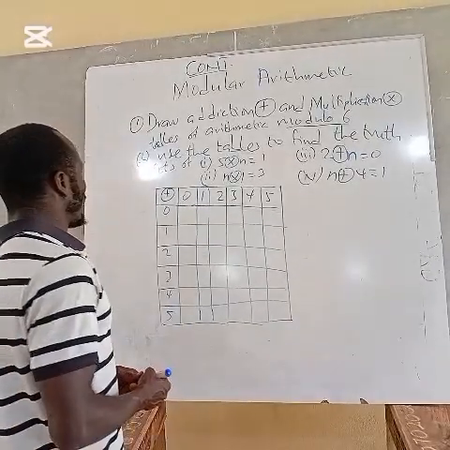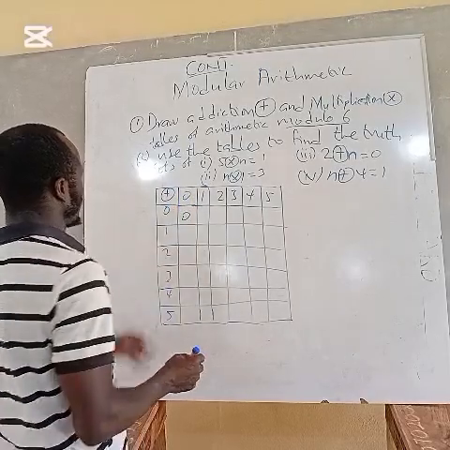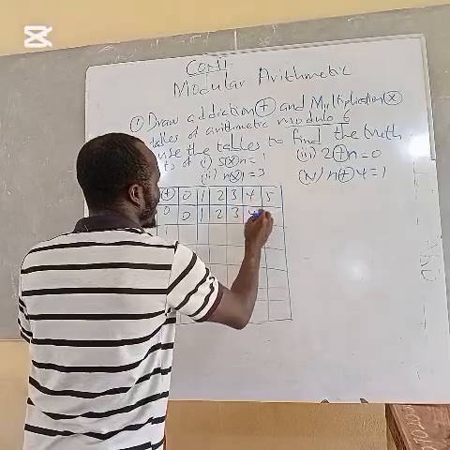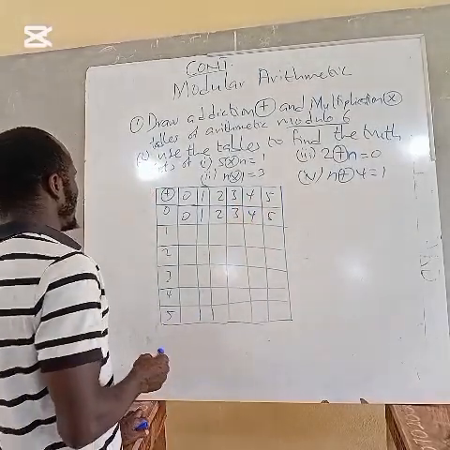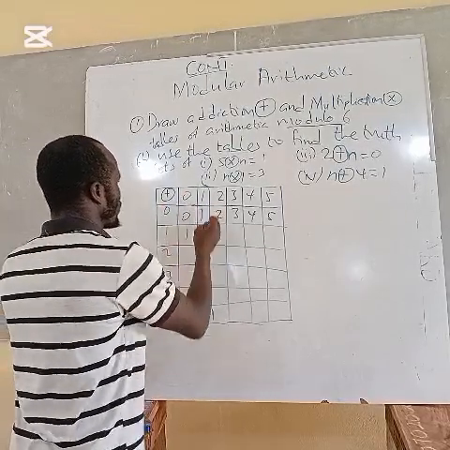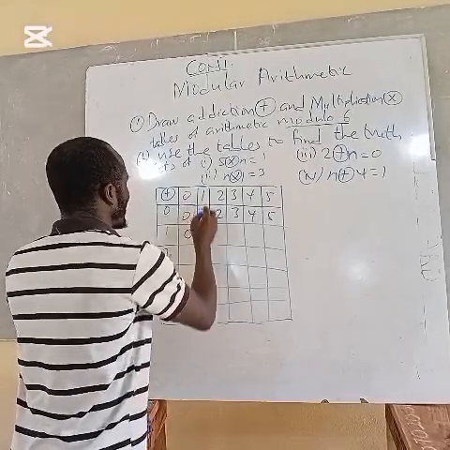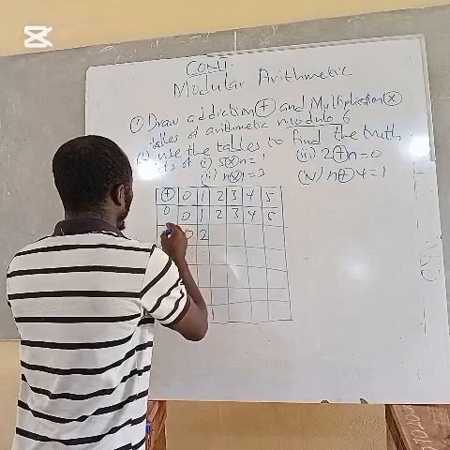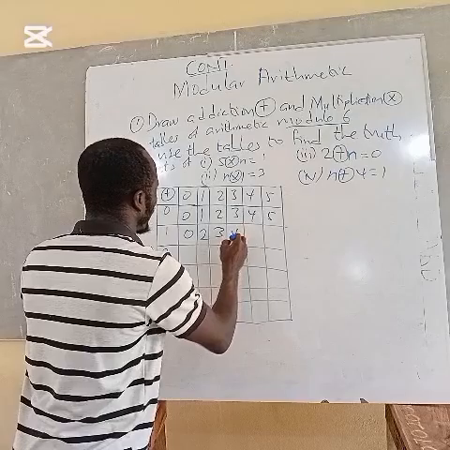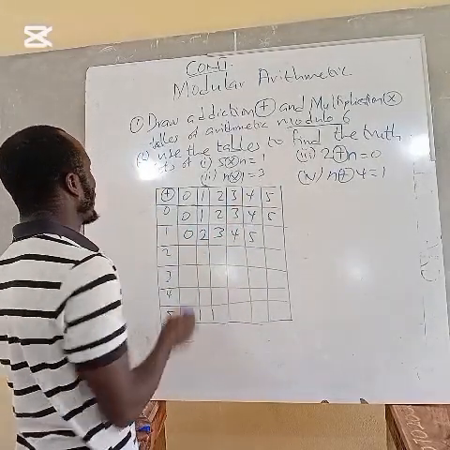So let's continue. 0 plus 0 gives us 0. 0 plus any number gives us the same number. 1 plus 0 gives us 1. 1 plus 1 is 2. 1 plus 2 is 3. 1 plus 3 is 4. 1 plus 4 is 5. 1 plus 5 is 6.